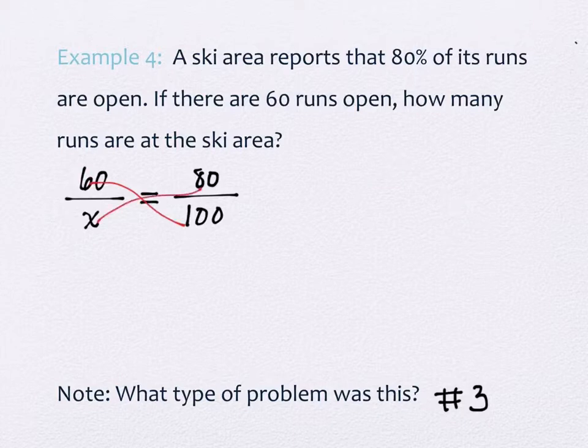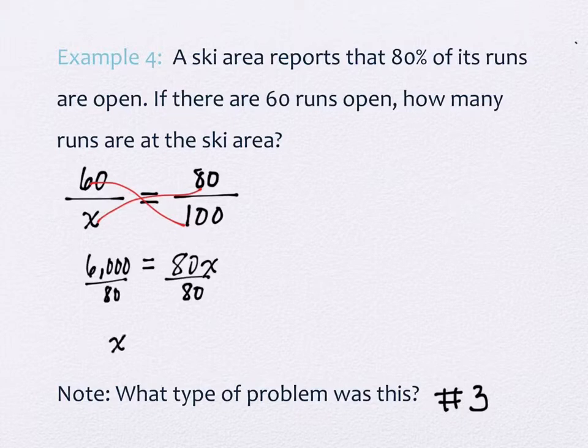So we can cross multiply. I have 6,000 equals 80x. And if I divide by 80, what do we get? 75.